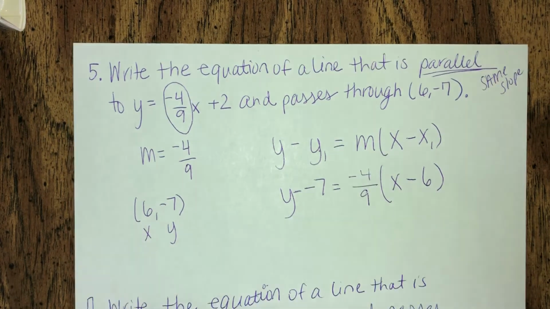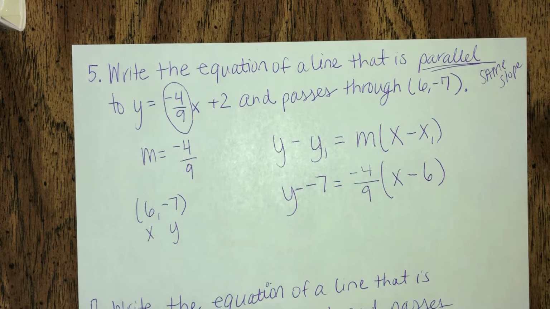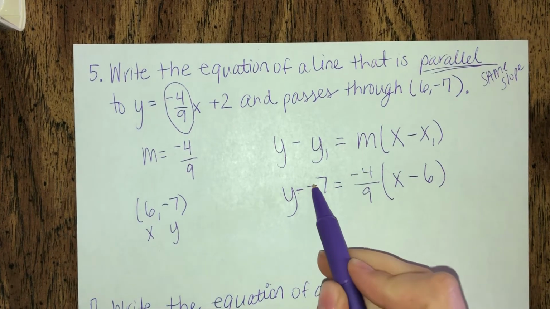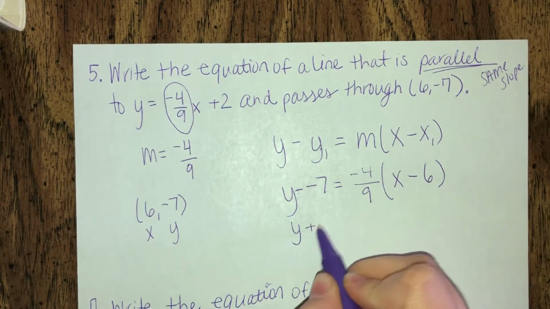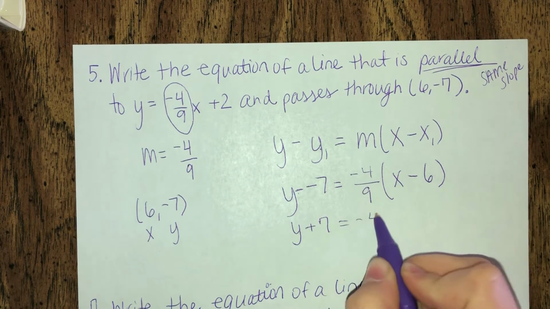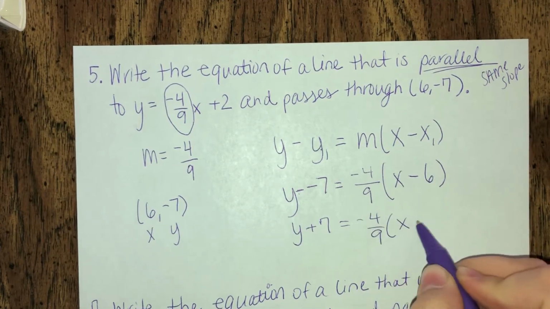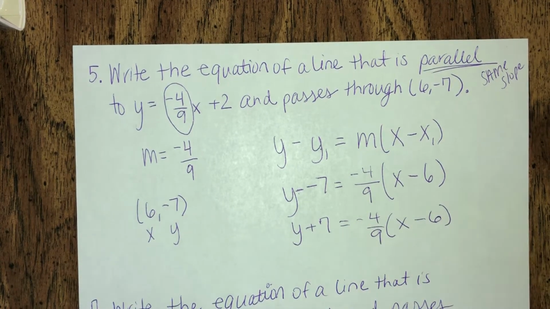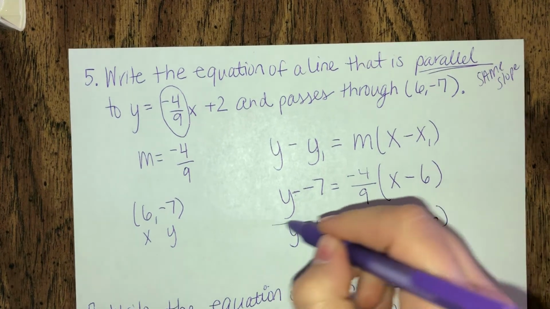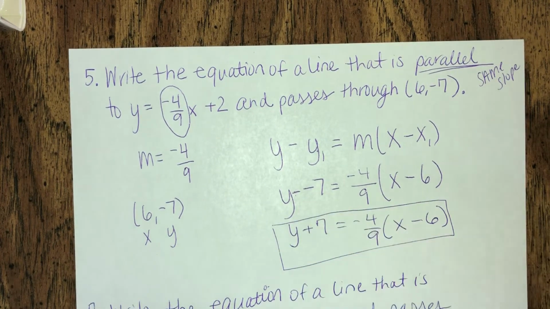And here's what I got. Technically, 100% correct, you can leave it. I tend to like to get rid of the double negatives, just my preference. And here is your final answer. Parada's not looking for any kind of distributing or anything like that. Keep it simple, just plug in what you got, okay?